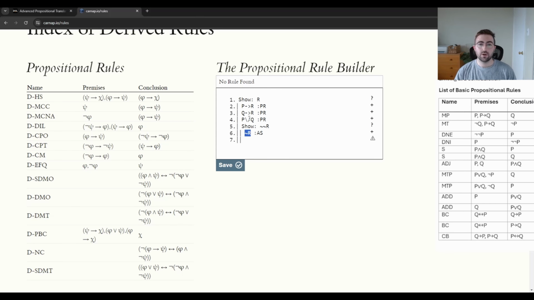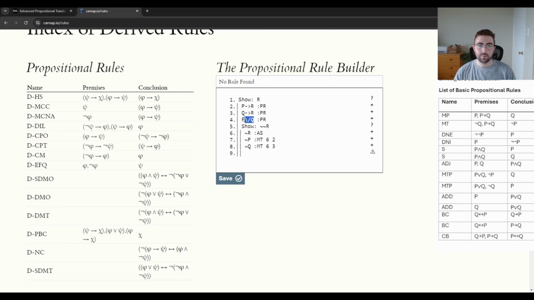So if we have not R, then we know through modus tollens we can get not P and we can get not Q. So let's do that. Modus tollens using the not R on line 6 and the conditional on line 2. We do the same thing. We can get not Q by modus tollens using the R on line 6 and this time the conditional on line 3.